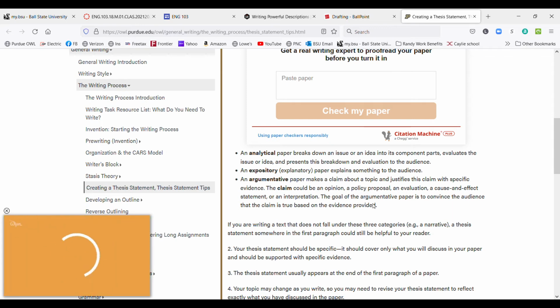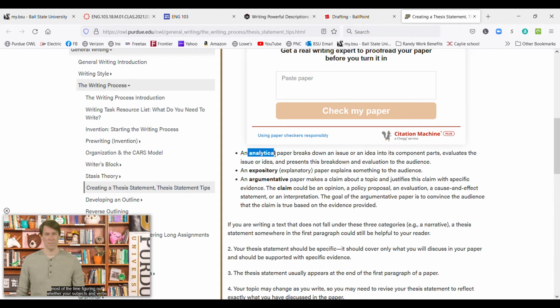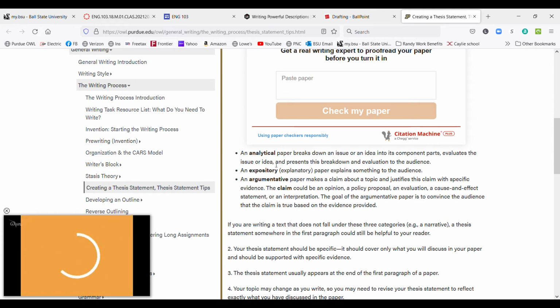If I had to say that, because we're writing a narrative, to put it in one of these categories, I would have to say it would go under the analytical. Because you're giving me an issue or an idea, and then you're going to tell me about the components and the parts. You're going to evaluate the issue or idea of how you love or hate writing and why, and present this breakdown and evaluation to me, your audience.